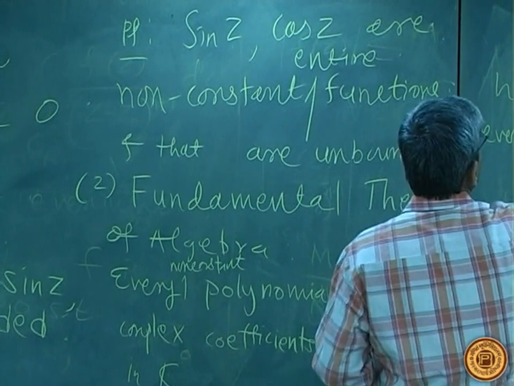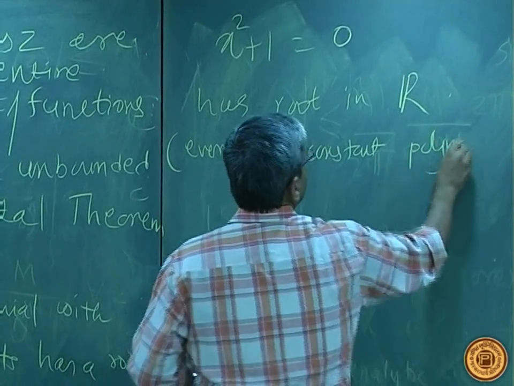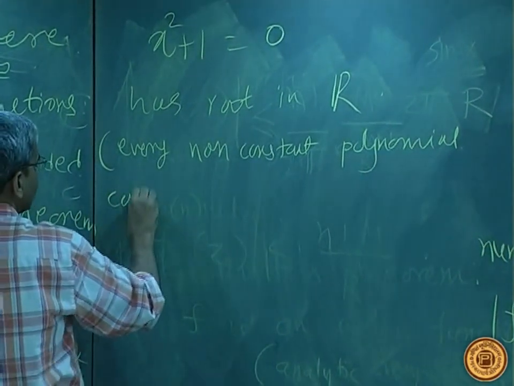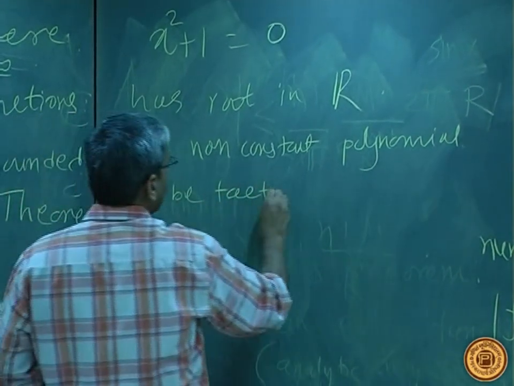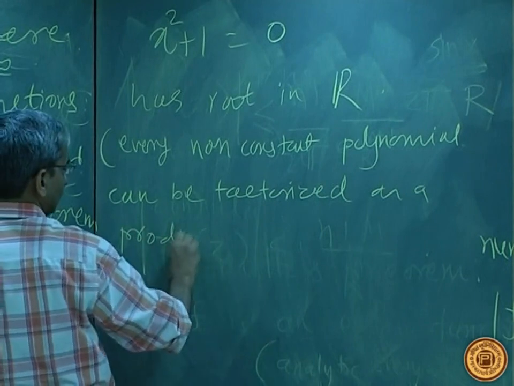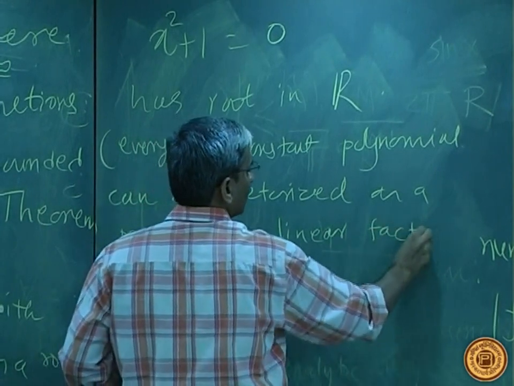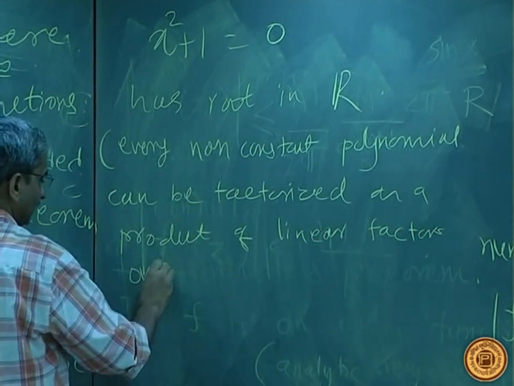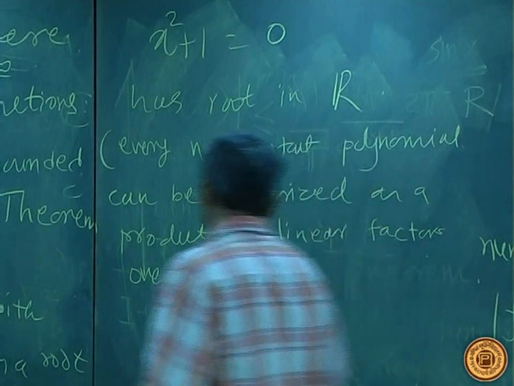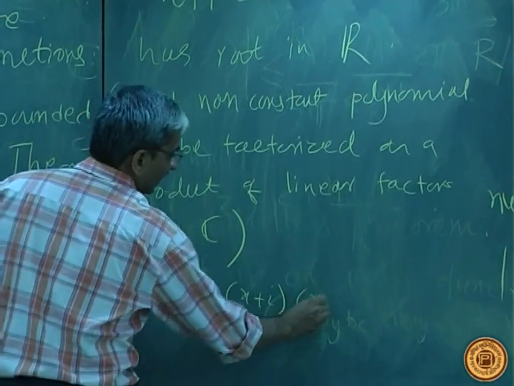So every non-constant polynomial can be factorized as a product of linear factors in C, linear factors over C. Over C means with complex coefficients. So for example, x square plus 1 you can factor as x plus i into x minus i.